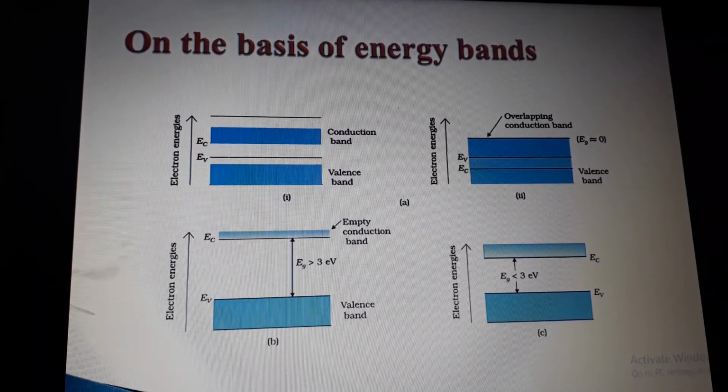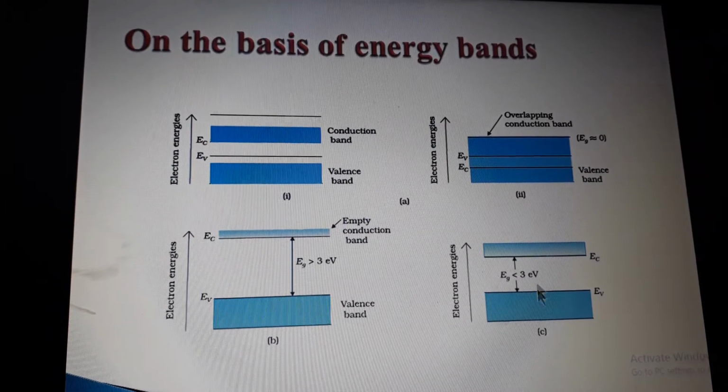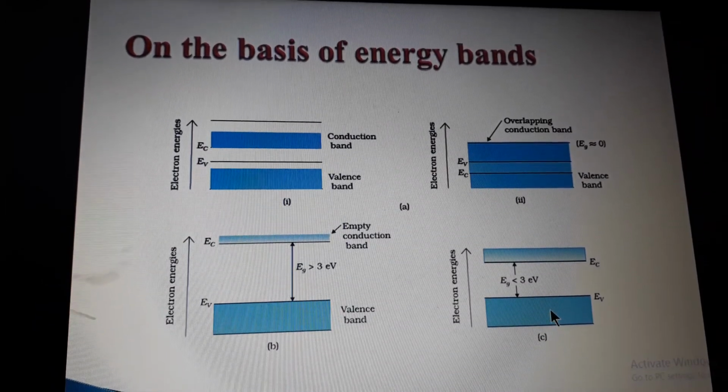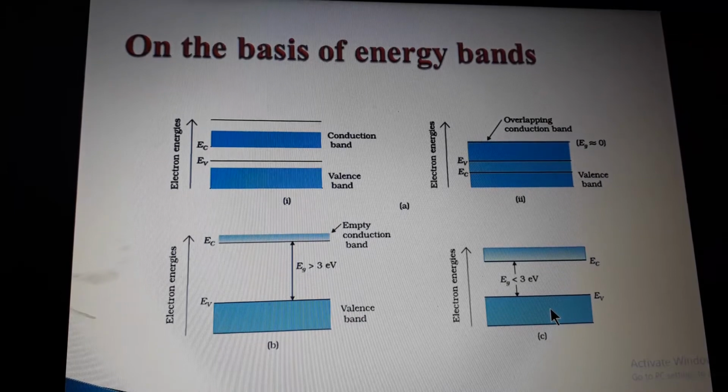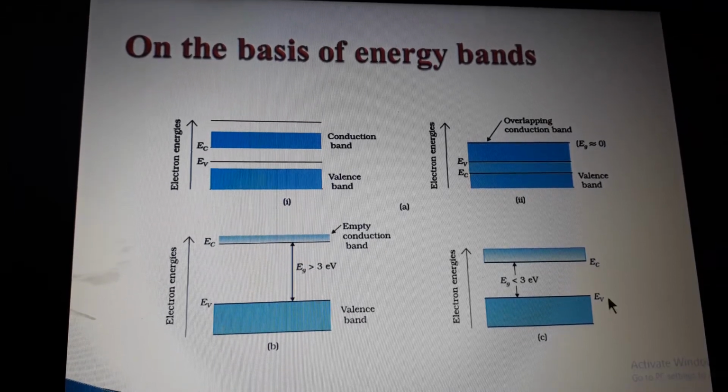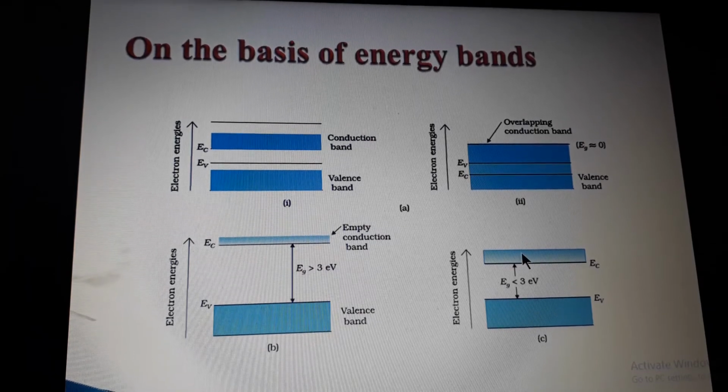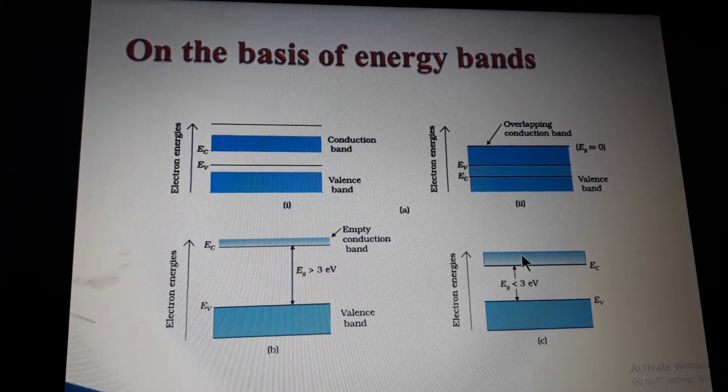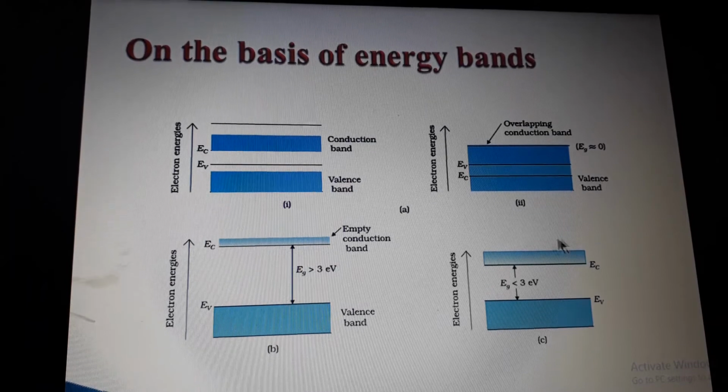Less than 3 electron volt means that if sufficient energy is given to this device, the valence electrons move to the conduction band and become free electrons. Due to that, conductivity is generated.